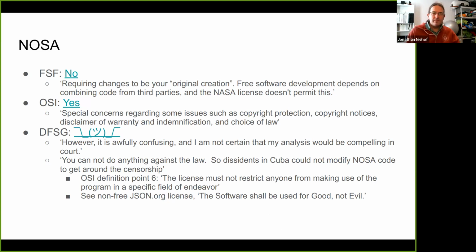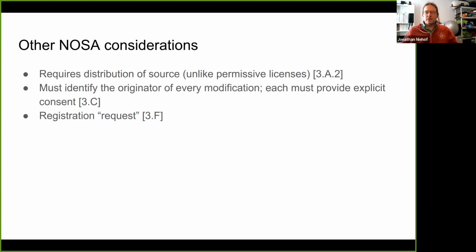So that's fun. Other fun with NOSA, it does require distribution of the source code. If you have something that's BSD licensed, you can give somebody just the binary and life is good. NOSA requires you to distribute the source if you distribute binaries. It doesn't go all the way up and down the stack like GPL, but there's that requirement. You have to identify the source of every modification, and everybody who provides any sort of modification has to provide explicit consent.